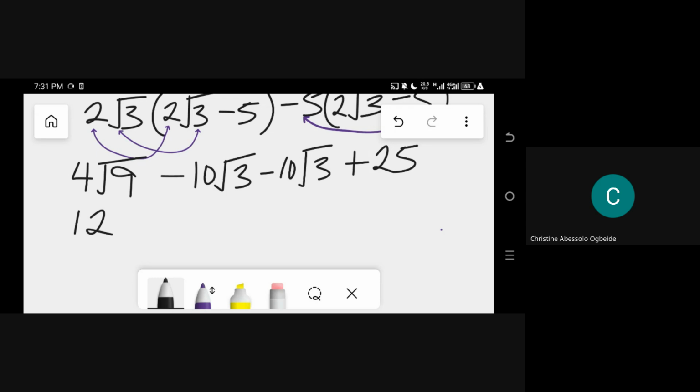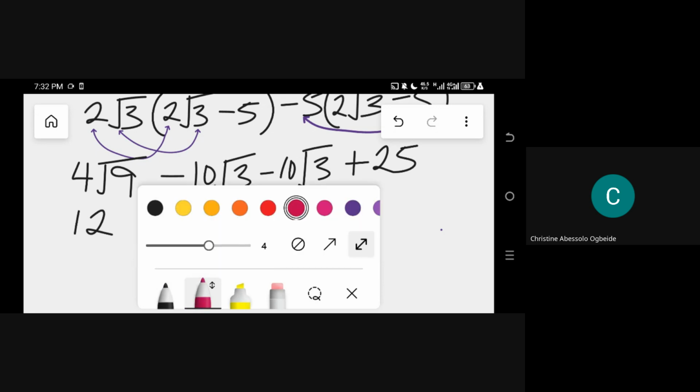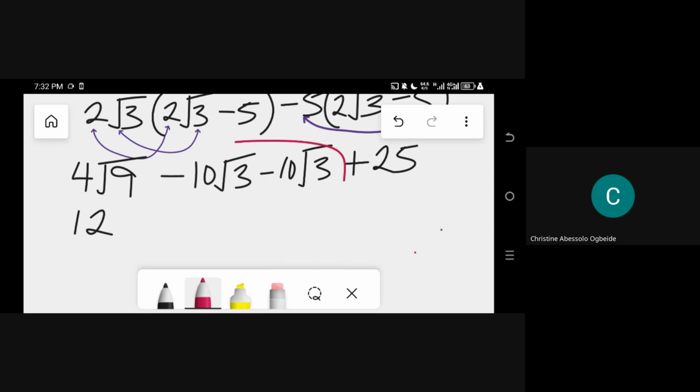Now we need to look at this place here, the place I circled in red. The roots there are like terms.